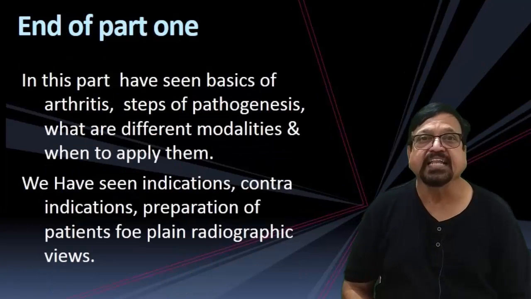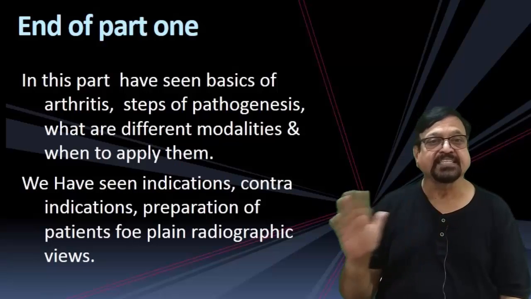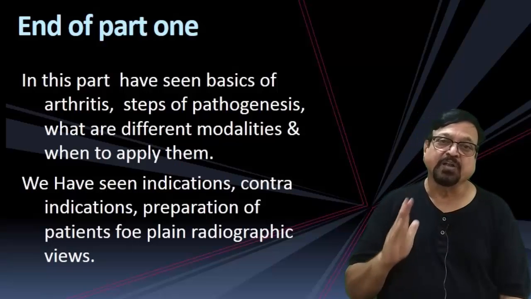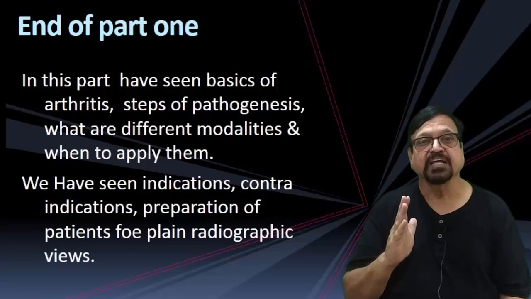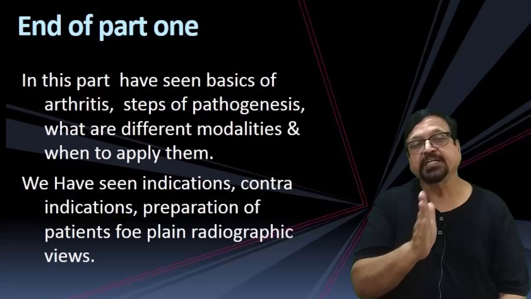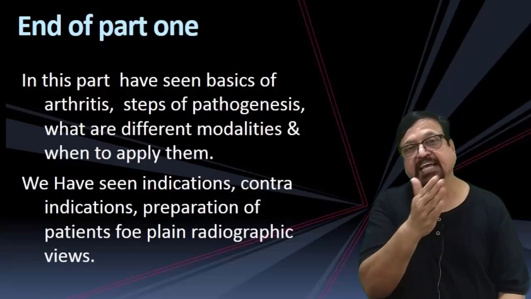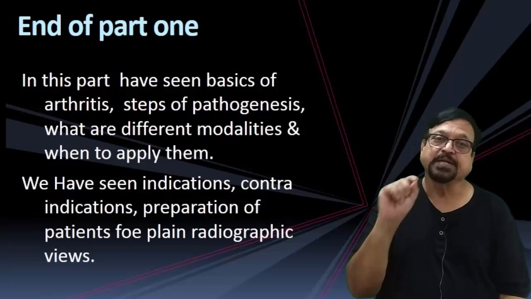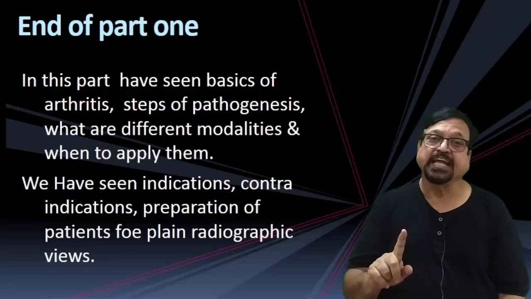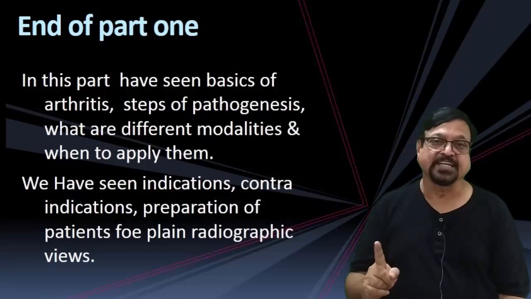Now here we have seen all theoretical aspects. We have not even seen a single plain X-ray, not even a single radiographic sign. Till now we have always seen what is the role of plain X-ray, what are the things to be seen in plain X-ray, what is the pathogenesis, how the pathogenesis is reflected in the X-rays, how that is to be interpreted, what is the limitation of X-ray, and when to say enough from the plain, let's go to another investigation.